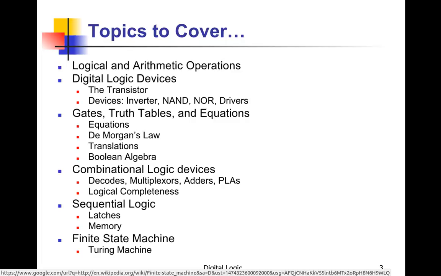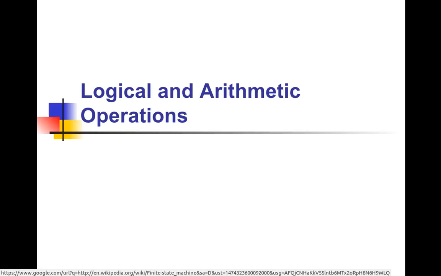And then we'll look at latches. Latches are another name for flip-flops, and they're really a basic memory element. And then we'll finally look at a finite state machine, and that's how a computer is actually made and what a computer is. So these will be our topics to cover in the logic area.